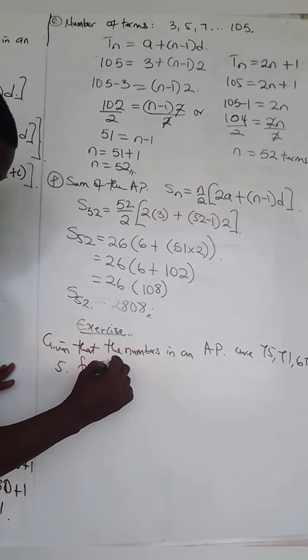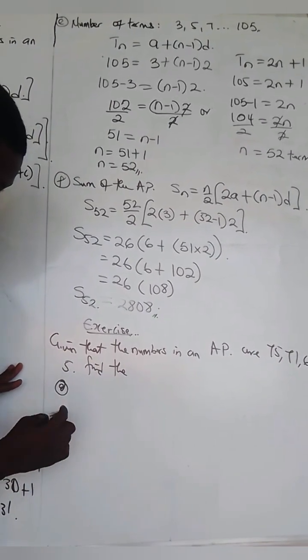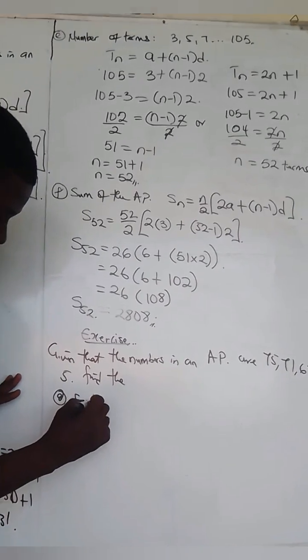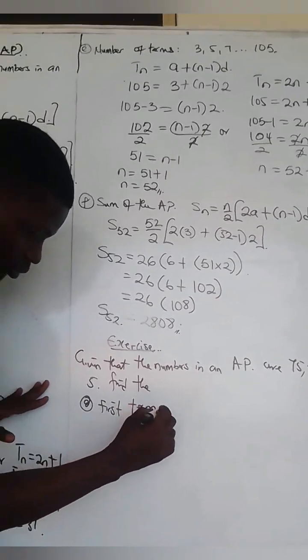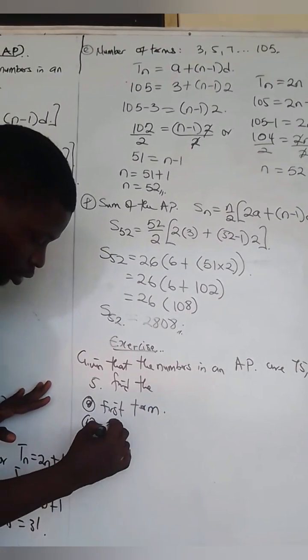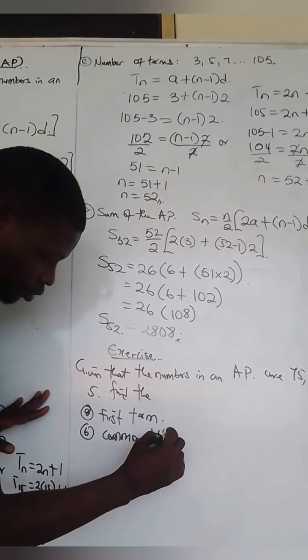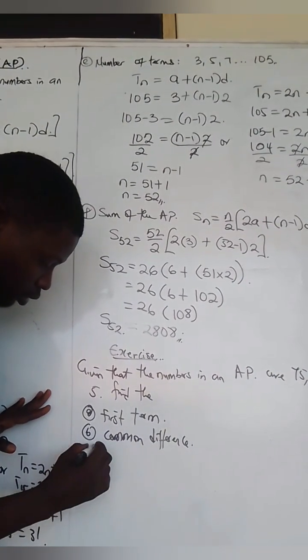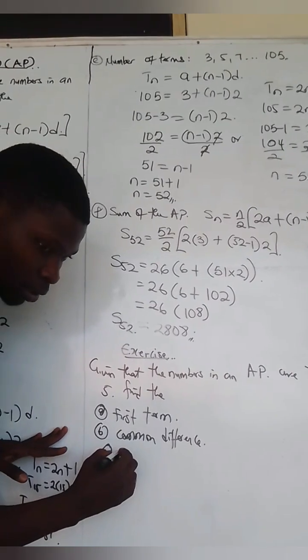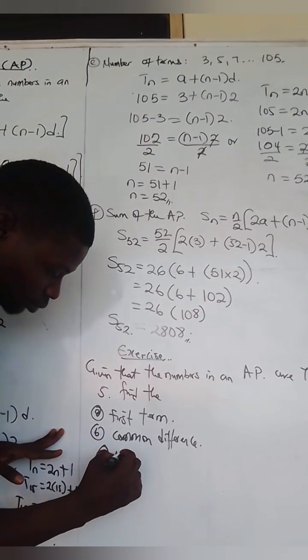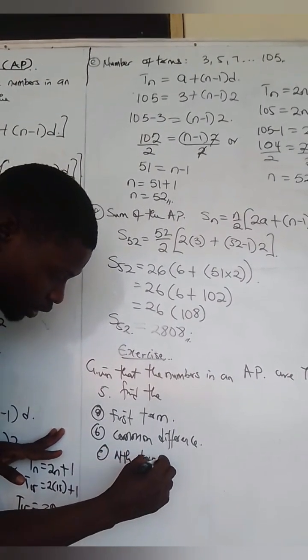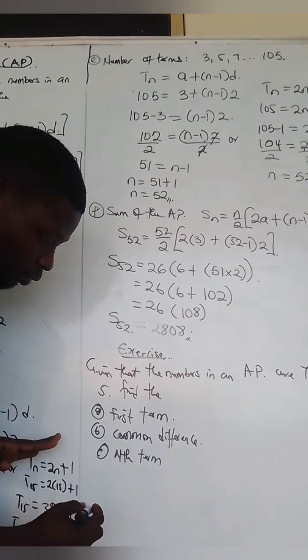Find A, the first term; B, the common difference; C, the nth term. Don't forget our nth term is also known as the formula.